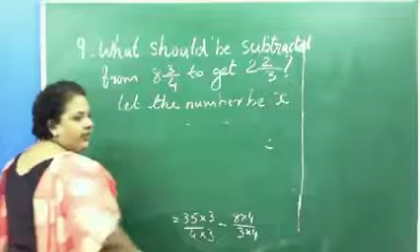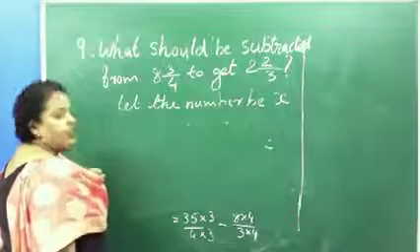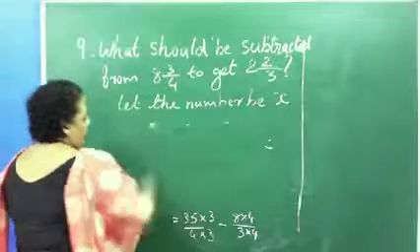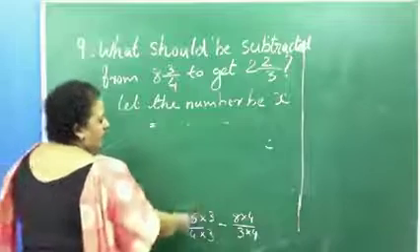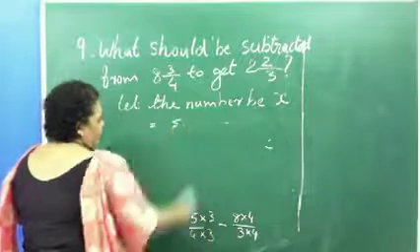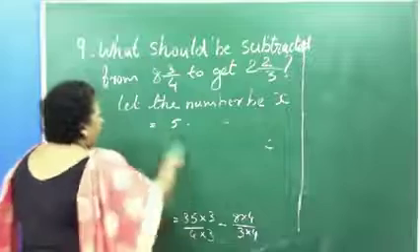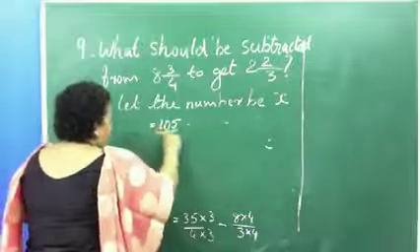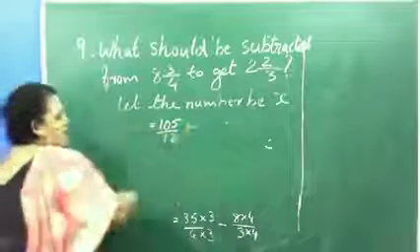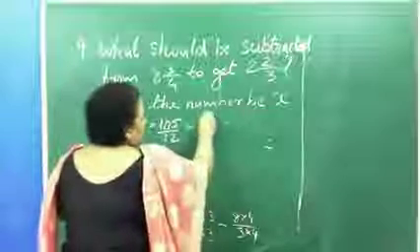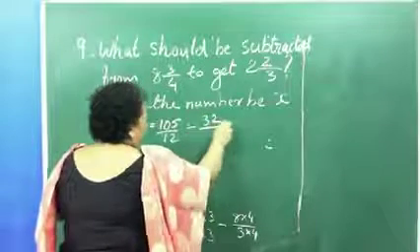Now 35 into 3, what is 35 into 3? 5 3s are 15, 1 carry, 3 3s are 9, 9 plus 1 is 10, so 105 by 12, minus 8 4s are 32 by 12.